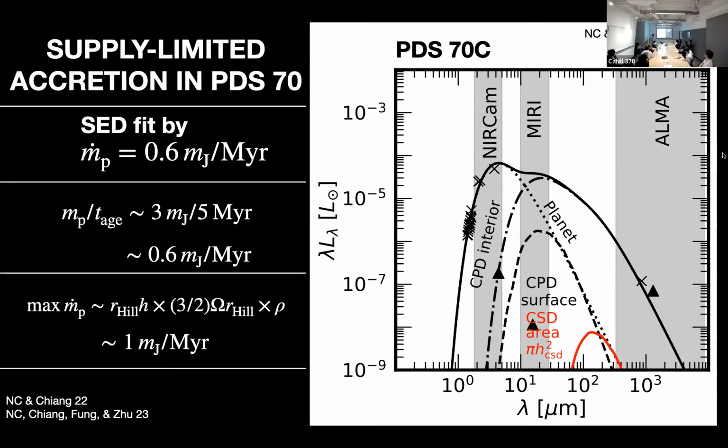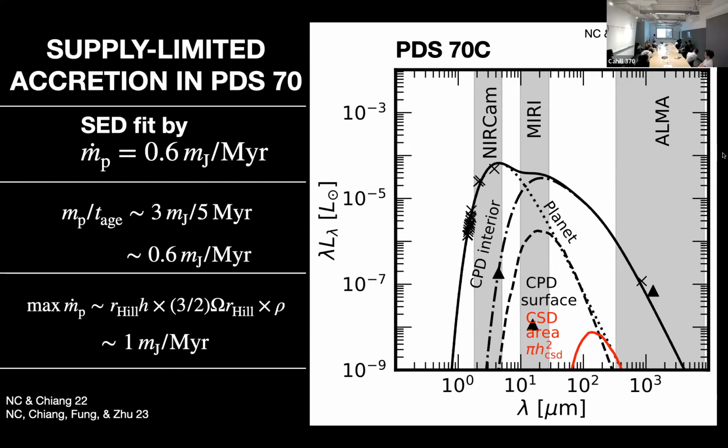So this millimeter flux in this model is coming from a circumplanetary disk on the planet. It's cooler. And then the near-infrared flux is coming from the surface of the planet. Not the passively cooling interior of the planet, but from thermalized gas just behind the accretion shock.